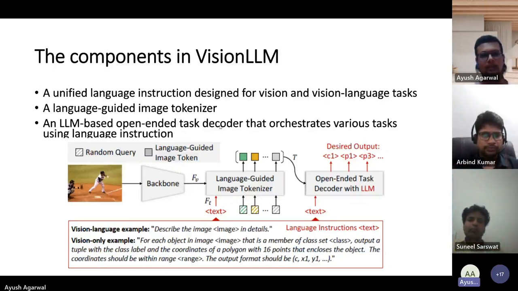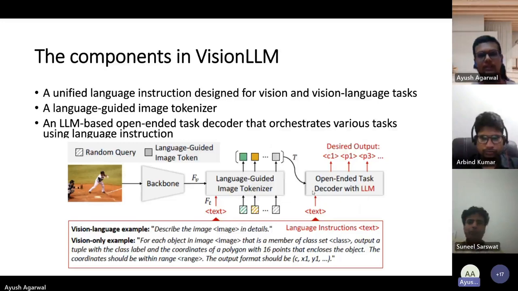Then comes a language-guided image tokenizer. Considering this a black box for now, it takes the image features as input, text features as input, and it would output some suitable tokens for combining both of them.